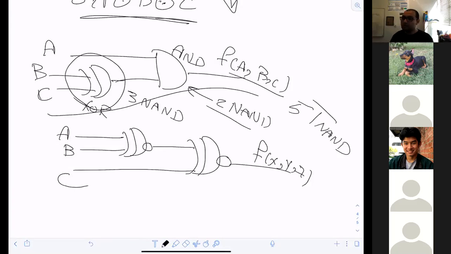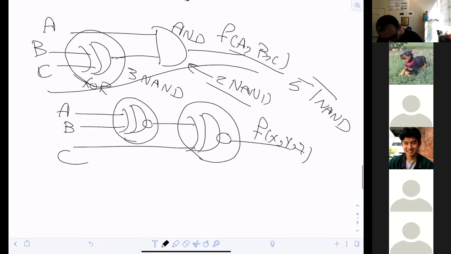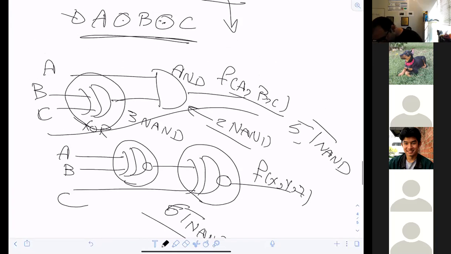This guy was 3, followed by 3, so that means 6. So the longest is going to be 6T NAND. In that case, this is going to give me the answer faster, by 1 unit of T NAND.